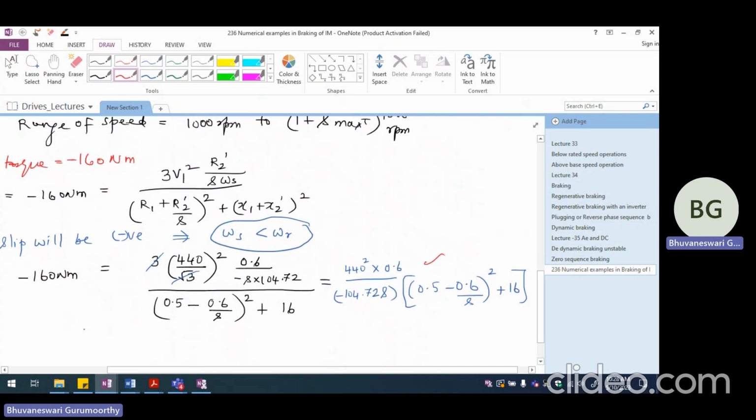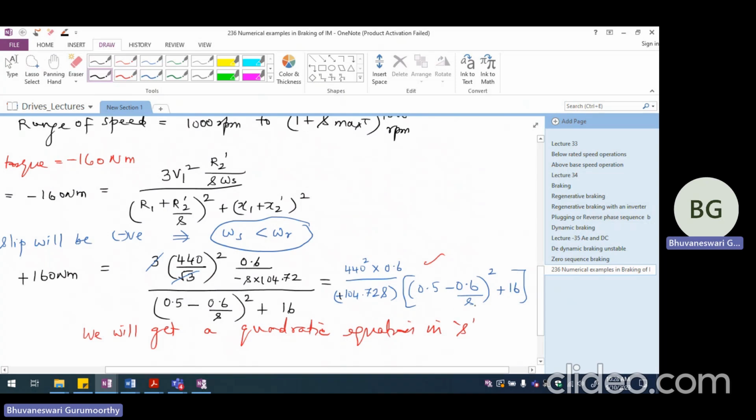So we will get a quadratic equation in S. So in fact, we can remove this negative sign. If I make this as positive, I can make this also as positive.